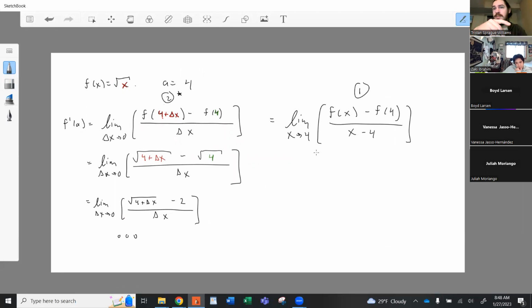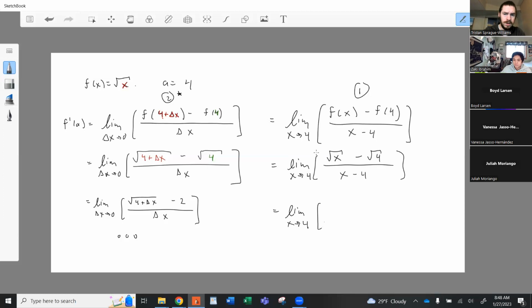Remember, I put a star by the second one. So this is the alternative way. And so here we have the square root of x minus the square root of 4 all over x minus 4, or in other words, square root of x minus 2 all over x minus 4.